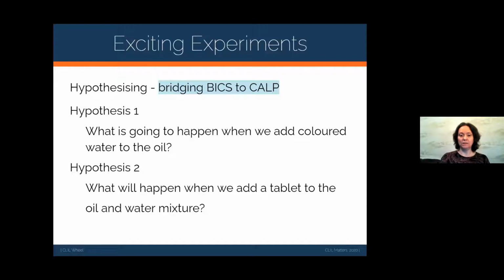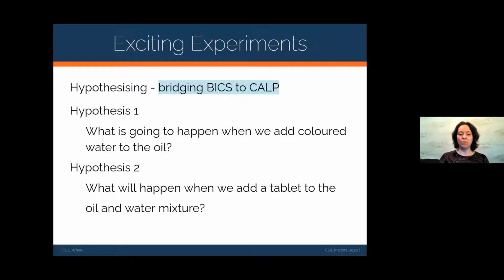Now, what I'm also trying to do here is to bridge something that is called BICS with something that is called CALP. So BICS is basic interpersonal communicative skill. This is the everyday language that students come to my science class with.